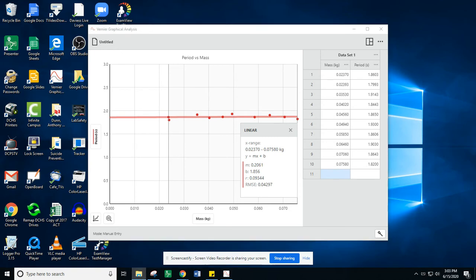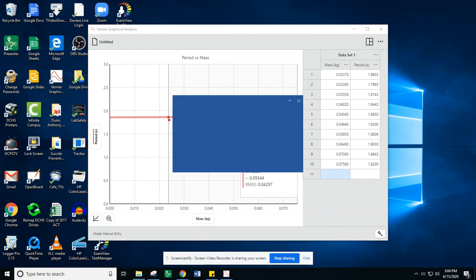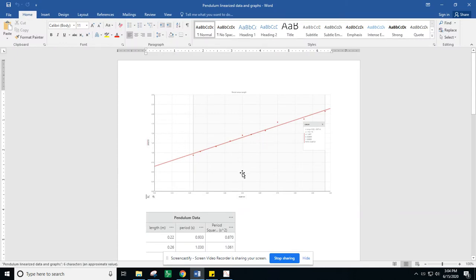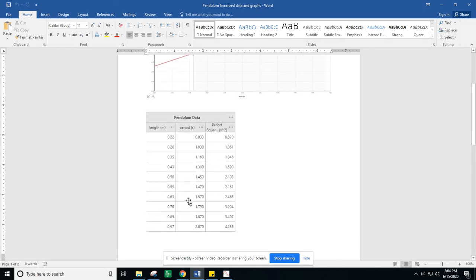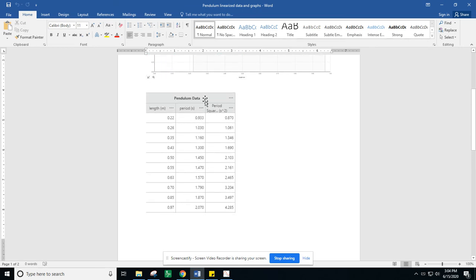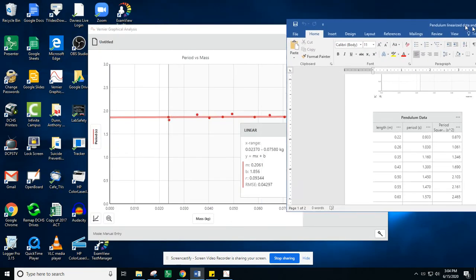I want data for, maybe this will get it. Let's see what this is. Okay, this will give me some data to put in there to show you what's going on.